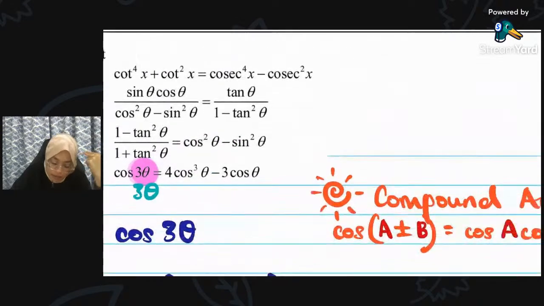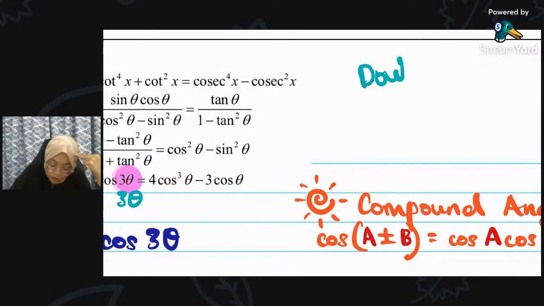What you usually see is the double angle formula, you know. Do you remember the double angle formula?